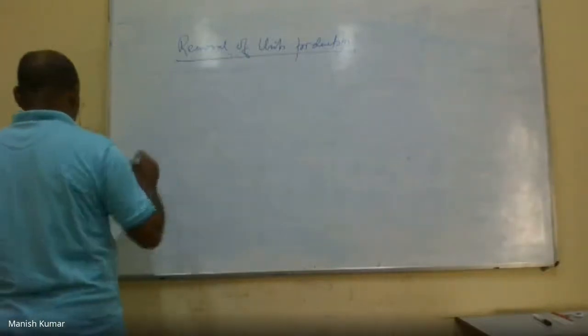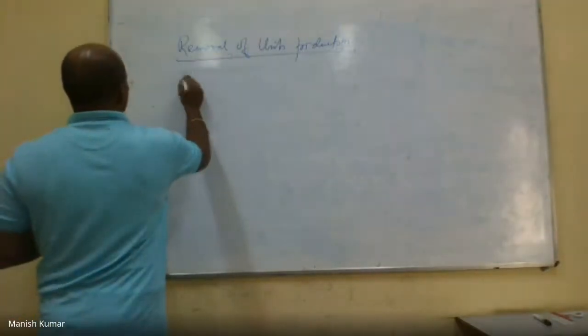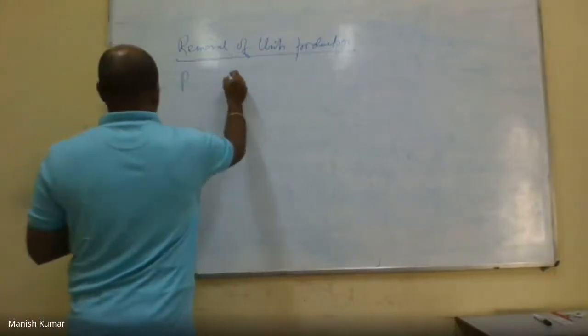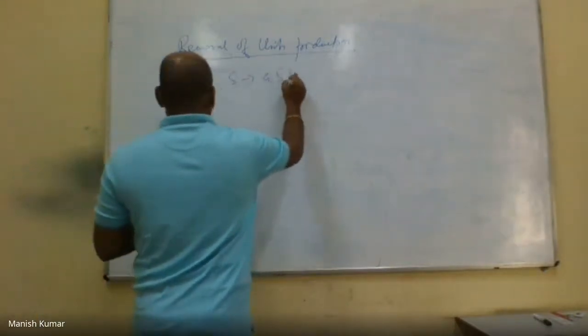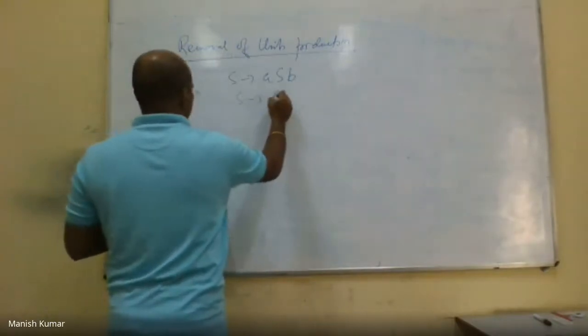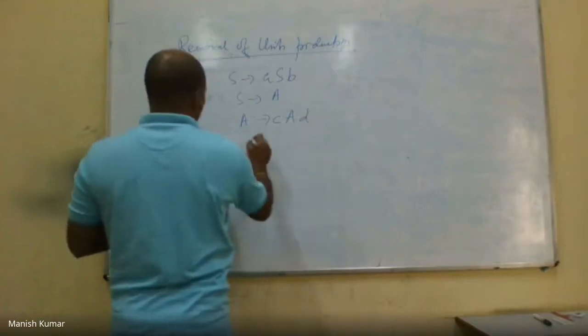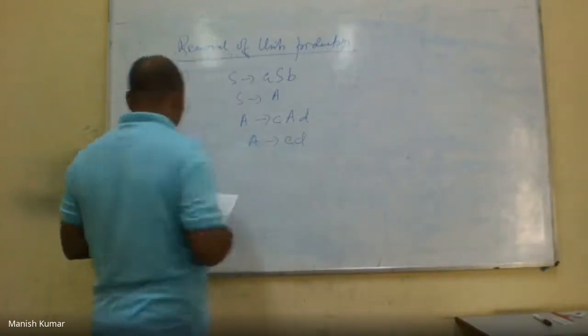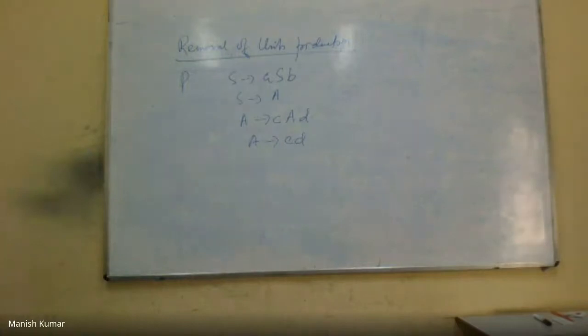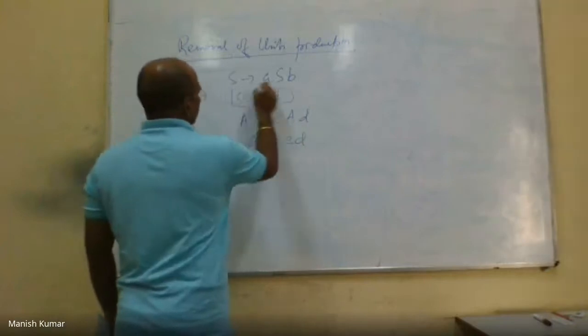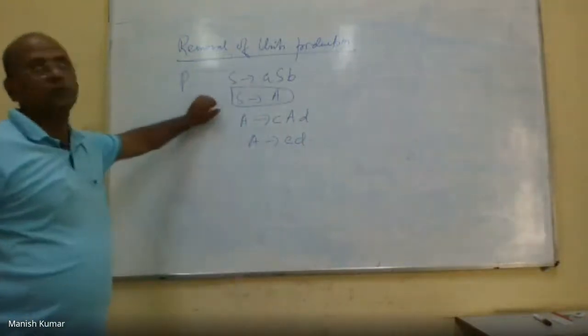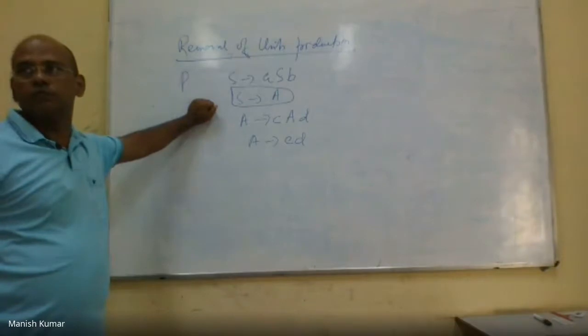Suppose you have P like this: S goes to A S B, S goes to A C A D, and A goes to C D. If this is there, what you need to do in this case is remove this.